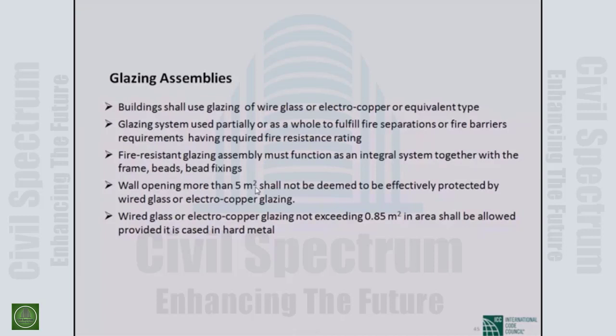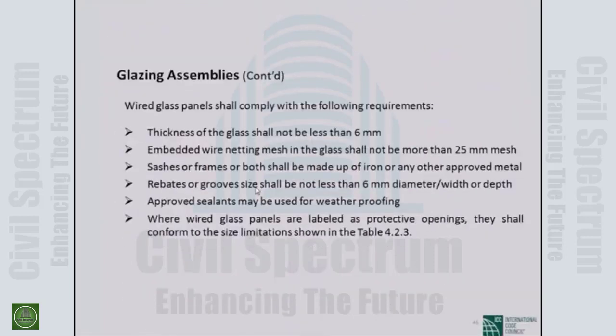If it is unprotected, you can use any type of glass assemblies of a particular thickness. There is only a size restriction of the opening, no restriction about the fire rating. But if you want to make a protective window, then you have to choose fire rated glass, that is wired glass or electrocopper glass with a particular fire rating.